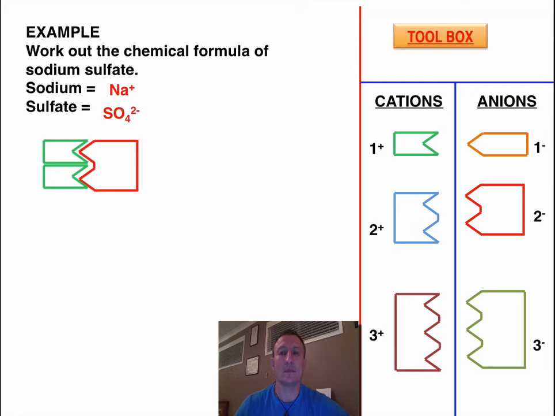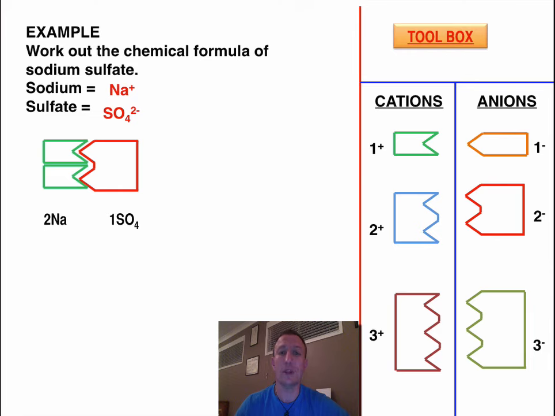It's quite simple. All we need to do is ask, how many cations have we got? We've got 2 green holes, and those 2 green holes represent the sodium. So we've got 2 sodiums. The red spikes are made up of 1 sulfate ion. So I've got 1 sulfate ion.